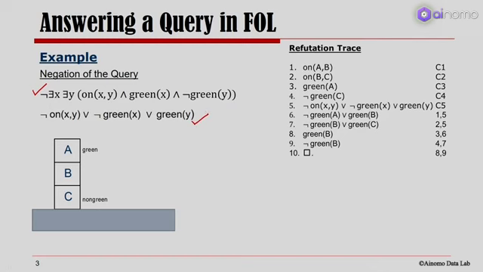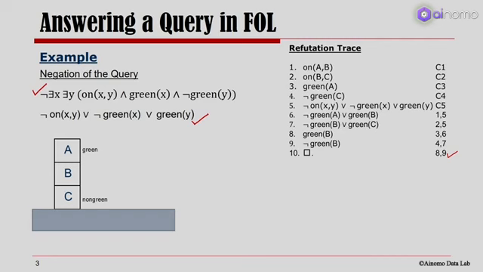This statement here is the clausal normal form of the negation of the query, and on the right of your screen is the refutation trace to finally arrive at the empty clause. So the statement that there is a green block on a non-green block is logically implied by the set of clauses from the initial scenario.